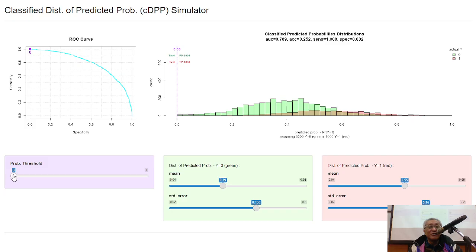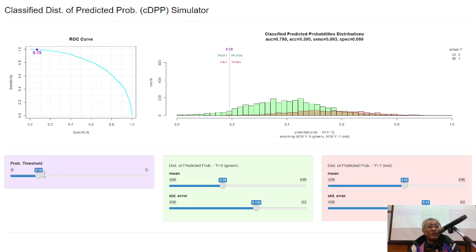So as you can see, when you change this ratio, there is a trade-off between sensitivity and specificity. Okay, the smaller the threshold, the higher the sensitivity, right?